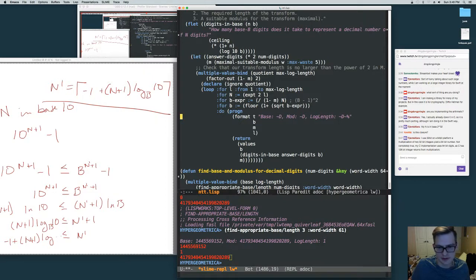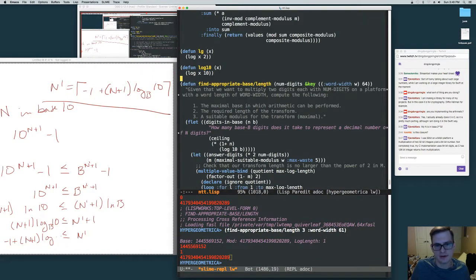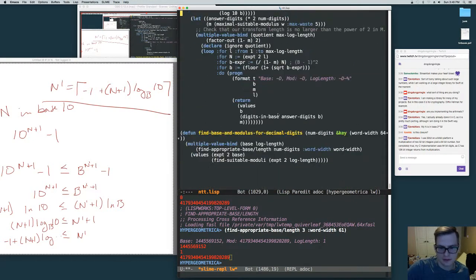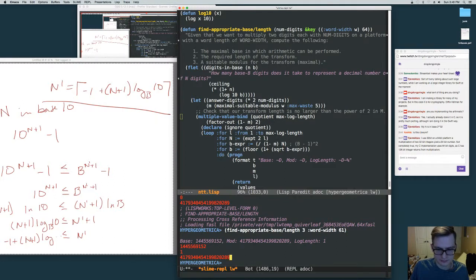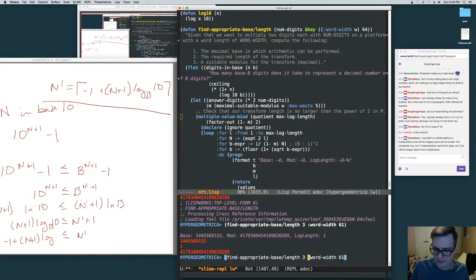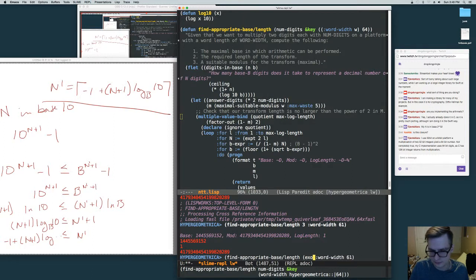So I think this can be refined, but I think this is a start of a function that computes many of the important bounds that we need. So I'm going to see if we have a trillion digits. 10 to the power of 12.